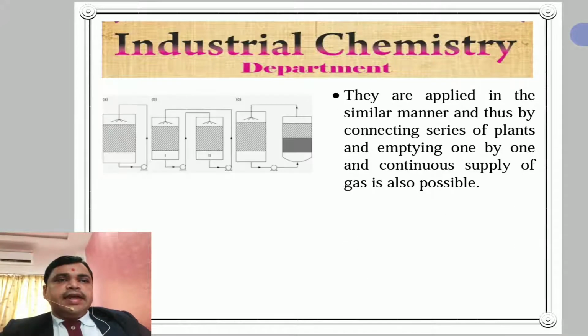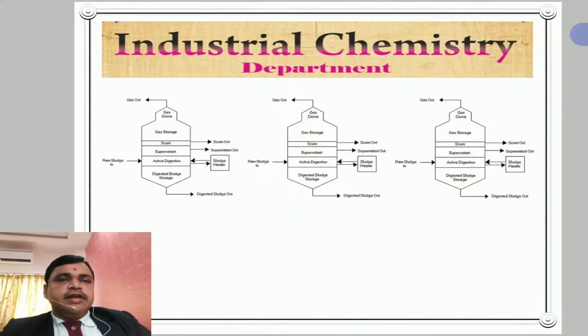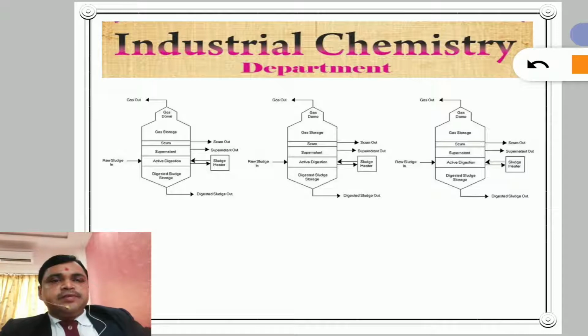They are applied in a similar manner, and by connecting a series of plants, a continuous supply of gas is also possible. If we arrange this type of system, this type of arrangement is also known as a batch type arrangement.